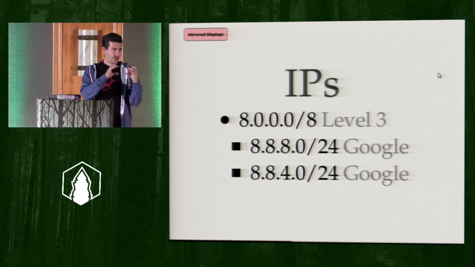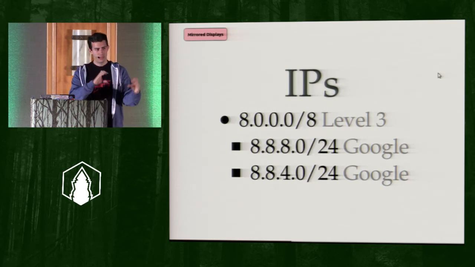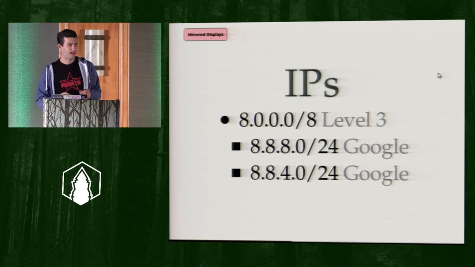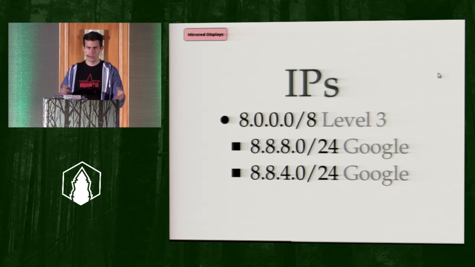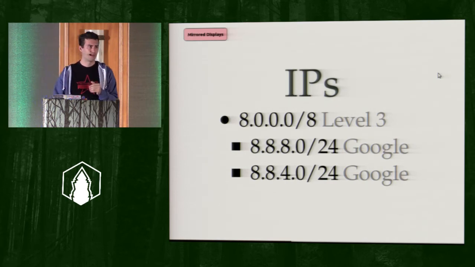So Google owns that small 8.8.8.whatever part, but that's within this larger 8 dot things that was originally assigned to Level 3. Or it was originally assigned to someone who sold it to Level 3, but it's controlled by Level 3 right now. And so I have to find the more specific one. So there may be other things that match that I then don't use, and so I have to go through a few different entries to get to the one that I care about. But this seems doable.